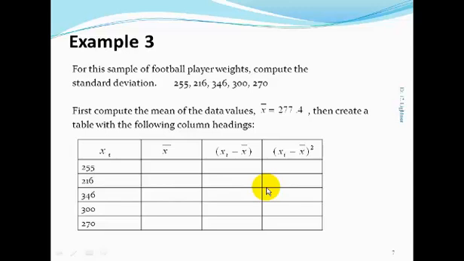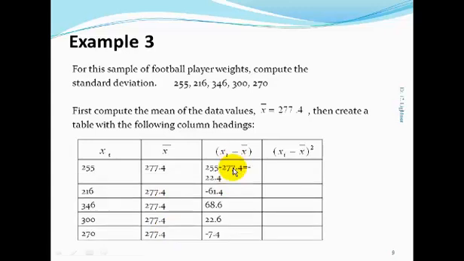We should start by placing all of our data values in the first column. Then we record our sample mean value down the second column. In our third column, we should record the difference between each sample data value and the mean. In this first row, we take the difference between 255 and 277.4 and record that value here.